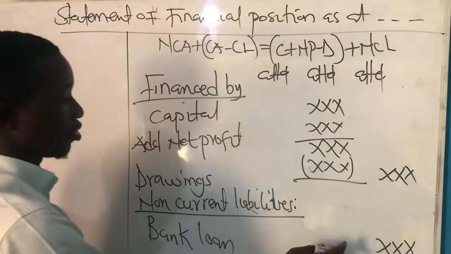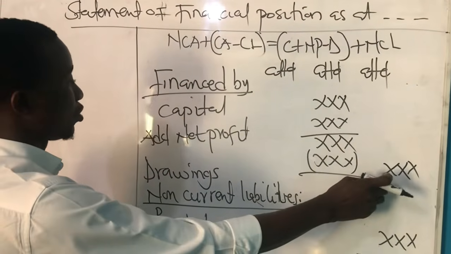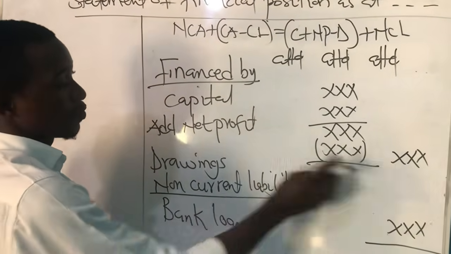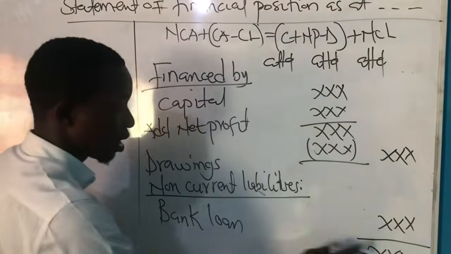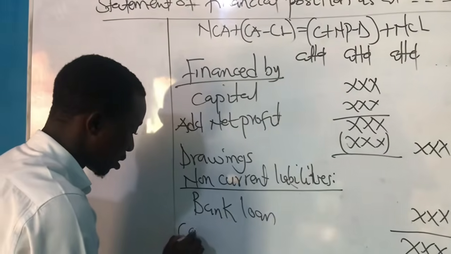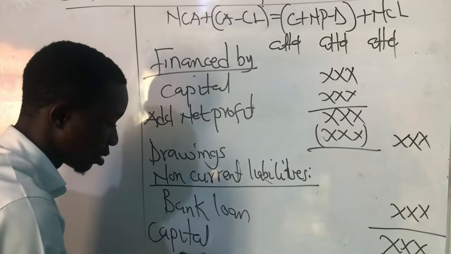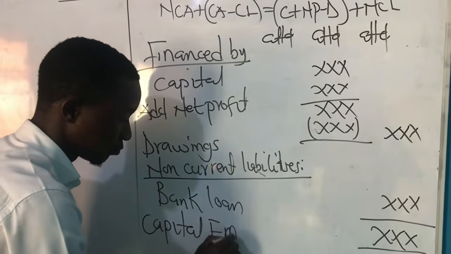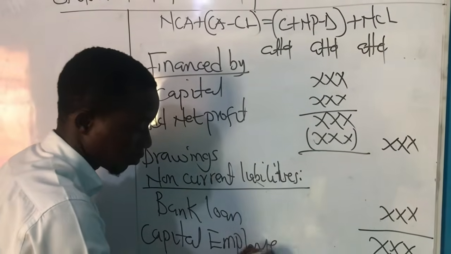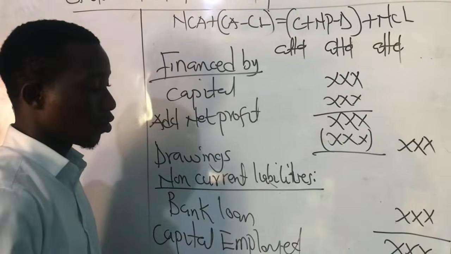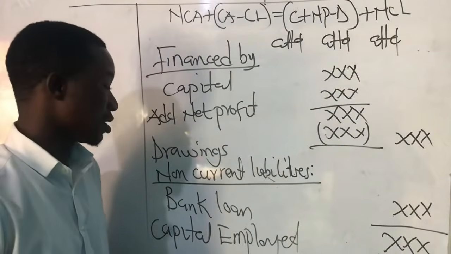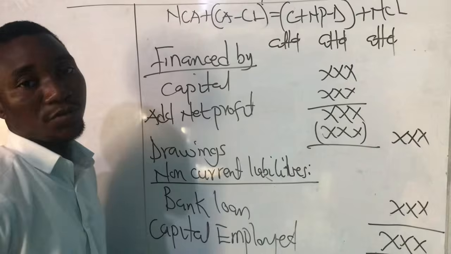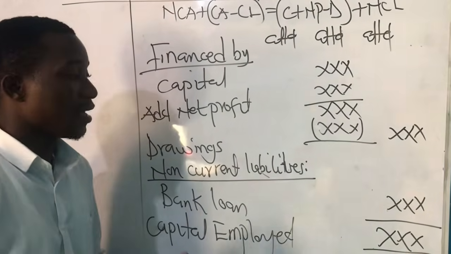So when we add the non-current liability to the total of capital and net profit, you will get an amount over here. And this amount, we call it capital employed. So the capital employed is the money the sole trader employed in the business. Is that okay? So your capital employed should be equal to your total net assets.